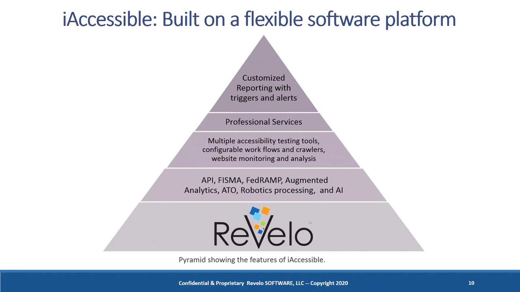To make your purchases easier, we've also added a layer where you can use automated quotes in order to get pricing to determine how much it would cost to make your website accessible in terms of testing. And I think one of the most important aspects is user-friendly reporting, whether for your developers or managers. Receive customized reporting, triggers, and alerts.